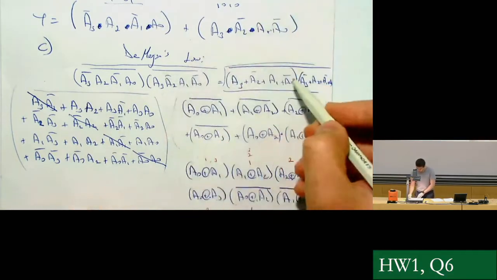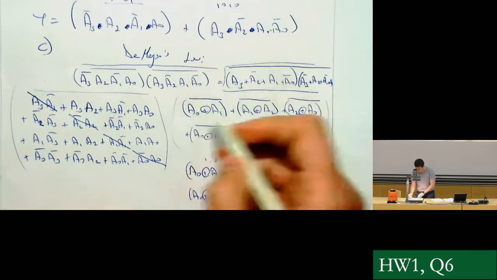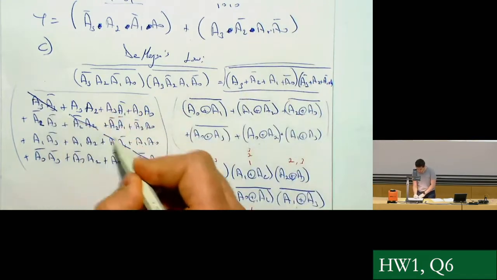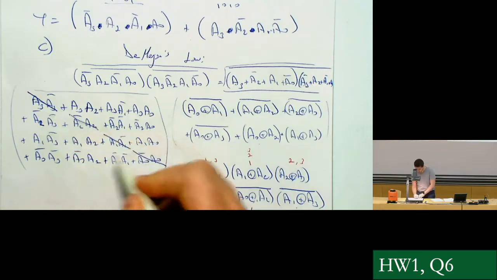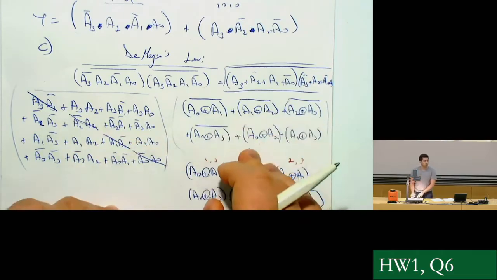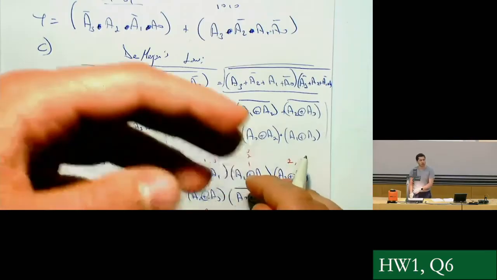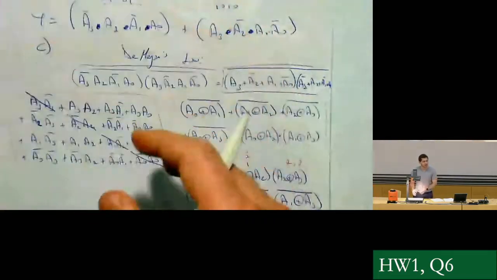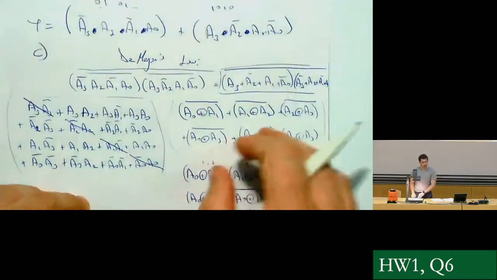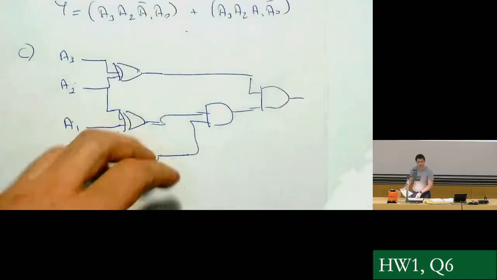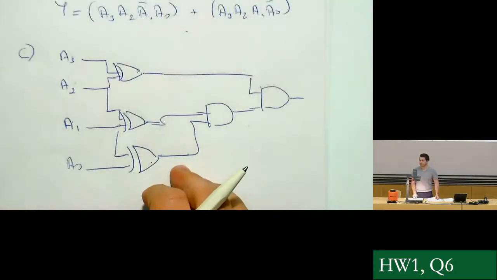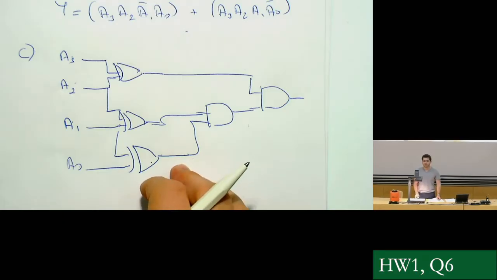So you can distribute those in such a way that all of these will be cleared, and the rest will give you some bunch of XNORs and XORs, and some of the XORs or XNORs will be implicitly included in other XORs, and then you will also end up with the same circuit. All right, if you don't have any questions related to that, we can take a break.